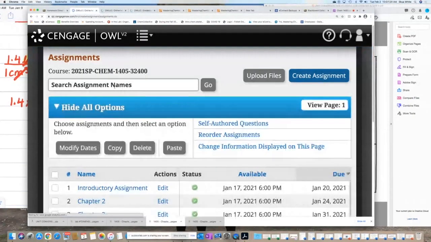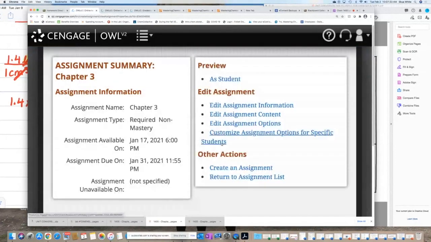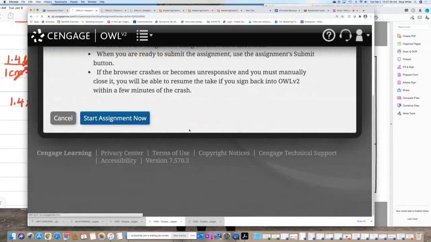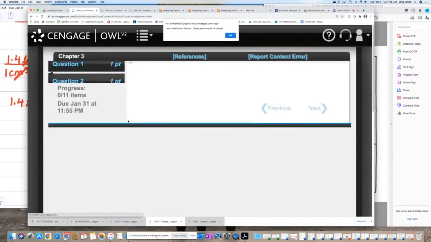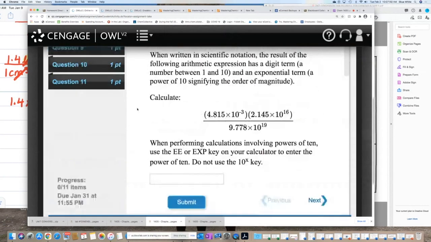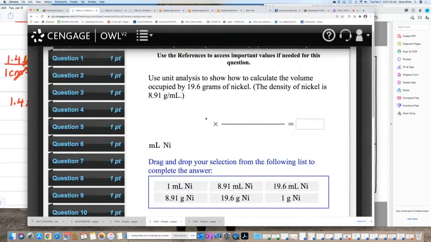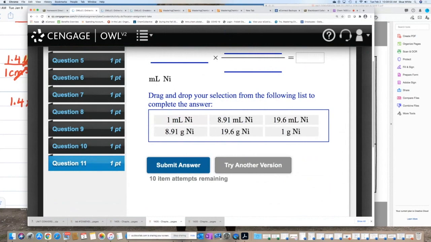Assignments. Okay. So you said it was chapter 3, right? Towards the end. Question 11. This one? No, I'm sorry. I'm talking about the lab questions. Oh, lab.